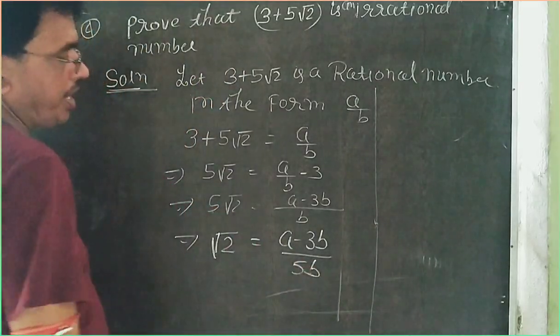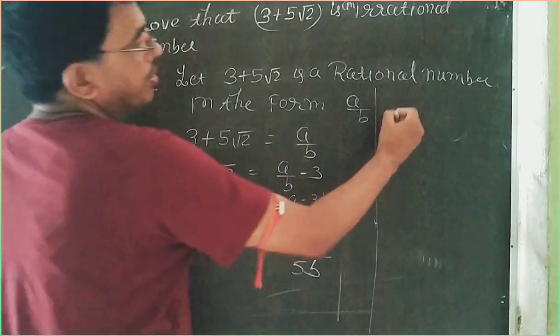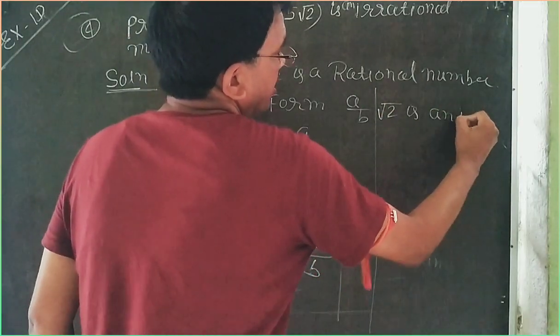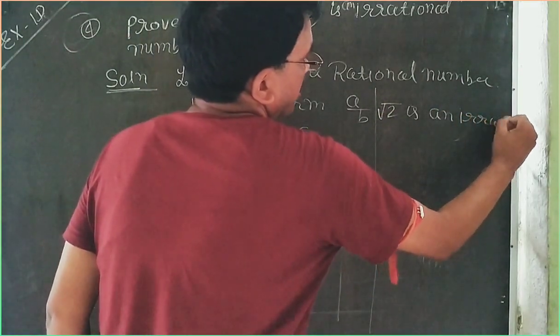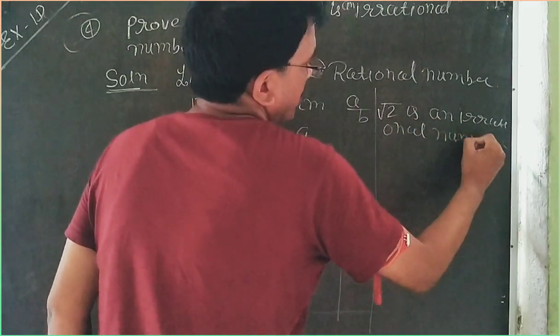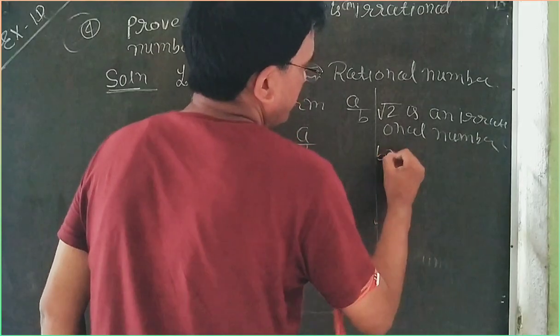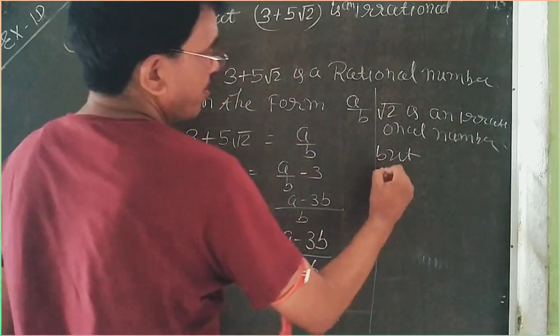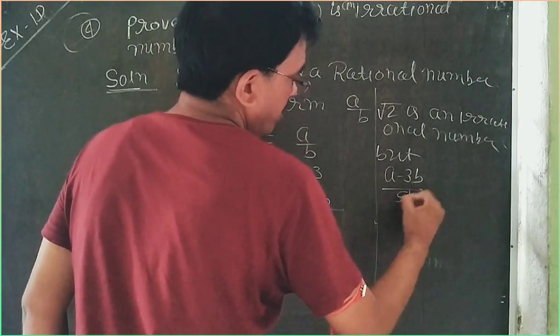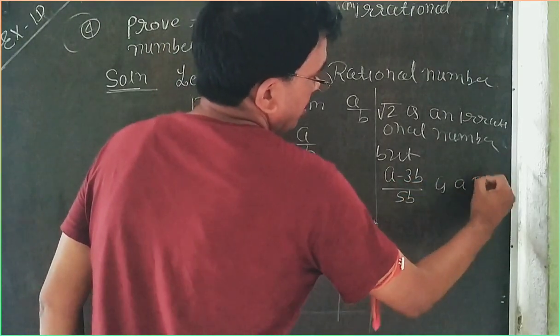This 5 goes here. Now again, write what is root 2? Root 2 is an irrational number. But (a minus 3b) by 5b is a rational number.